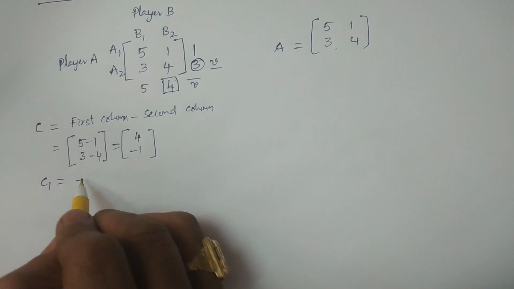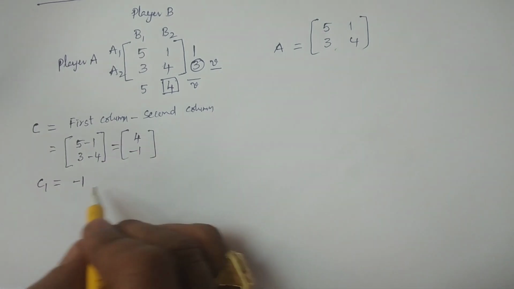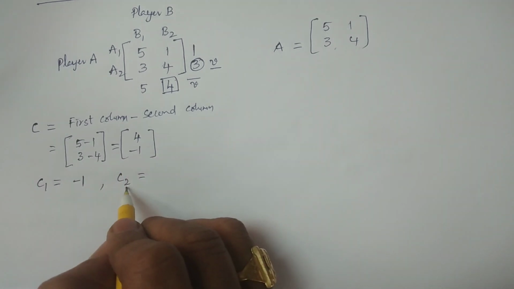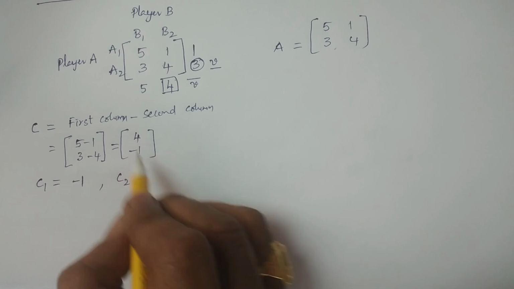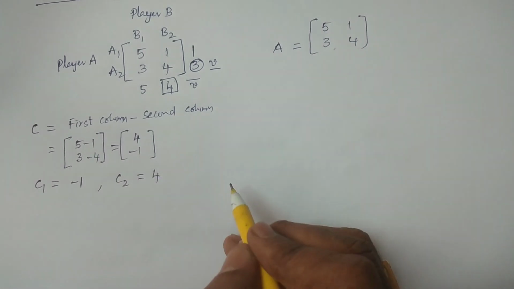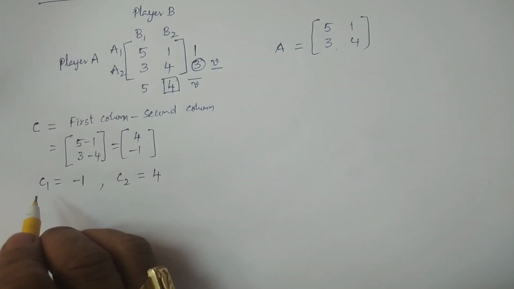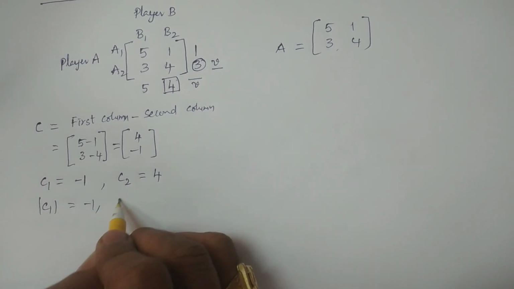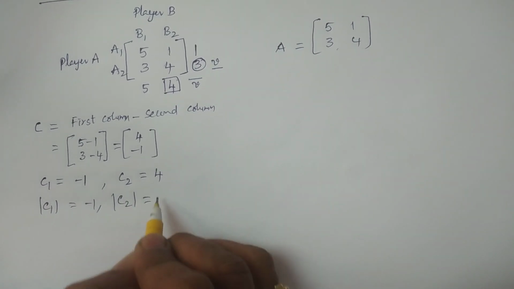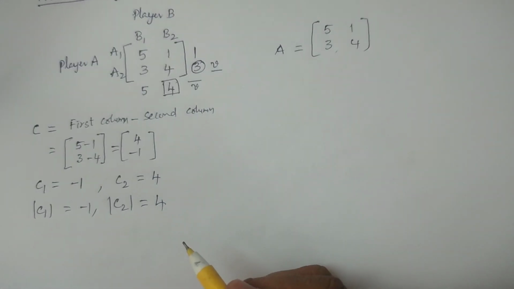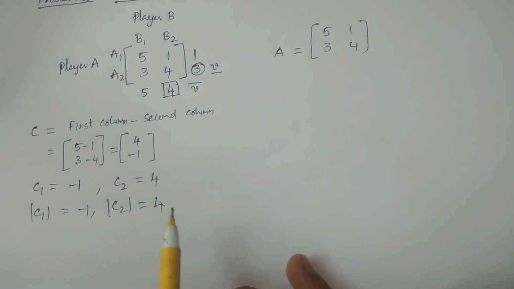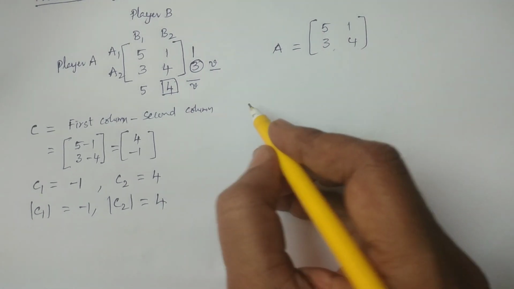C1 is equal to minus 1 by deleting the first row, and C2 is obtained by deleting the second row, the remaining value being 4. So the determinant of C1 is minus 1 and the determinant of C2 is 4, because with a single value the determinant is the same.